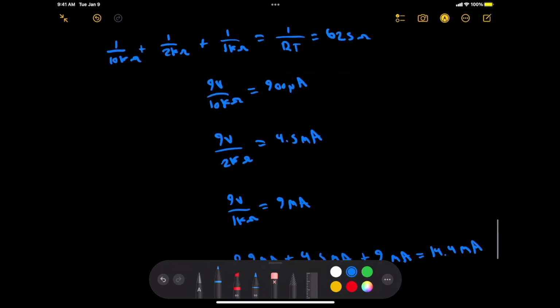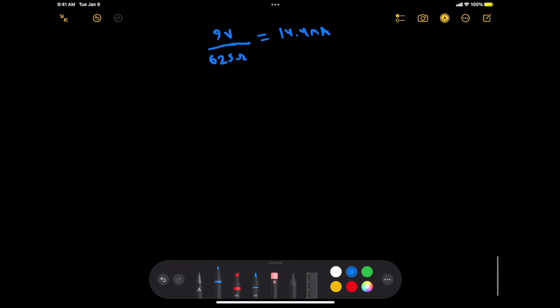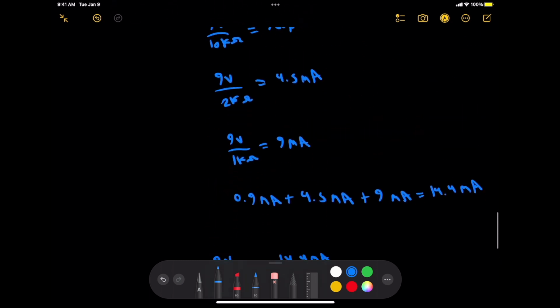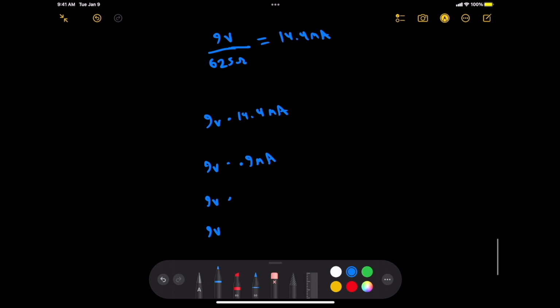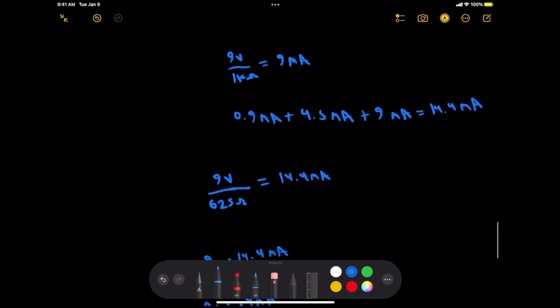We have 9 volts all the way. 9 volts. And for current, we have 0.9. Actually, let's do it like total first. 14.4 milliamps, 0.9 milliamps, 4.5, and 9.